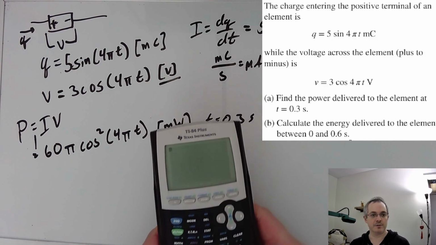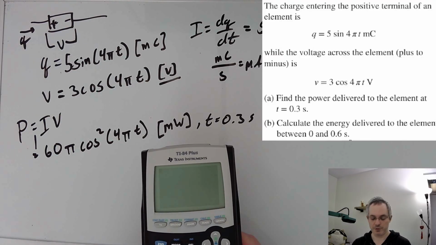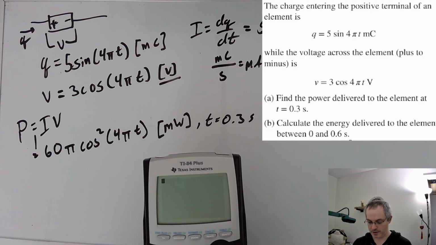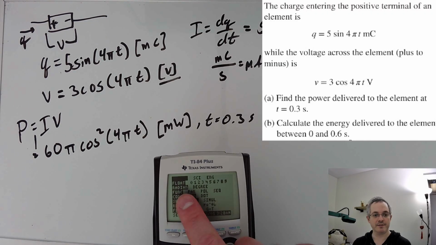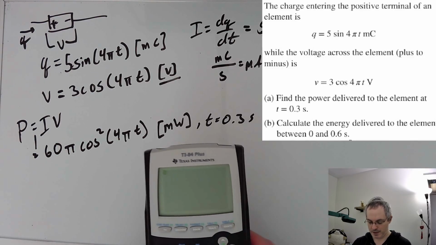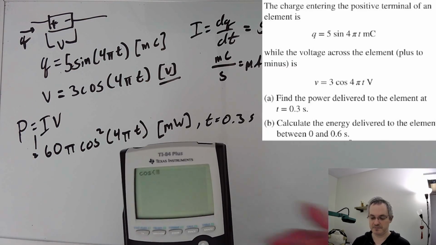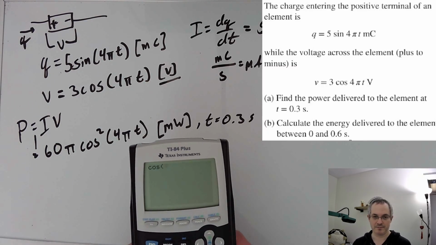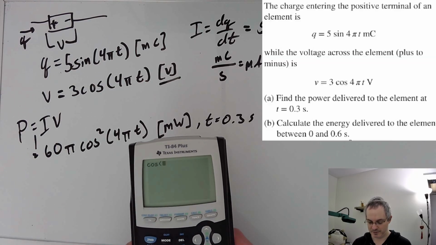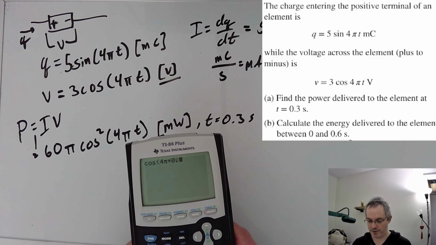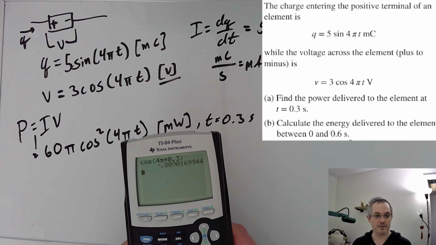All right, so we'll do cosine. Also, I'm pretty sure they want radians, so just make sure you're in radians. I based that on gut. I couldn't possibly defend it. Cosine of 4 pi times 0.3 is this.